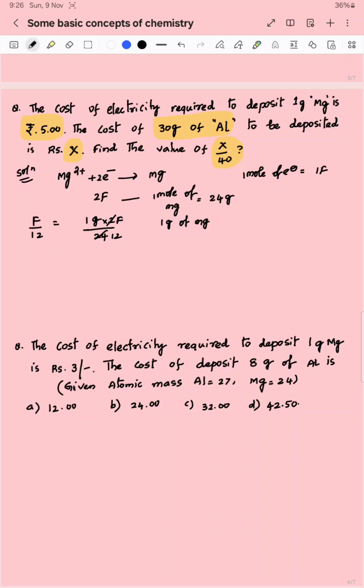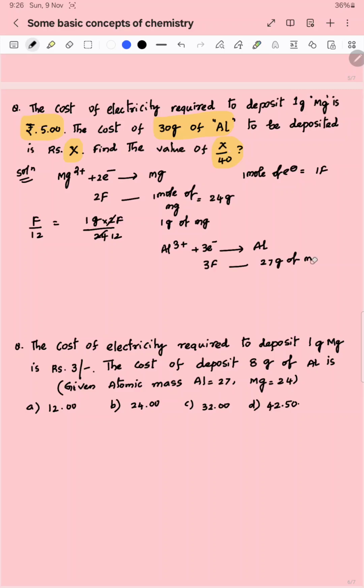Right. Now the question is asking the cost of 30 grams of aluminum. Al3+ plus 3 electrons gives rise to aluminium. Here in this case 3 Faradays are required for 27 grams of aluminium, that means 1 mole.